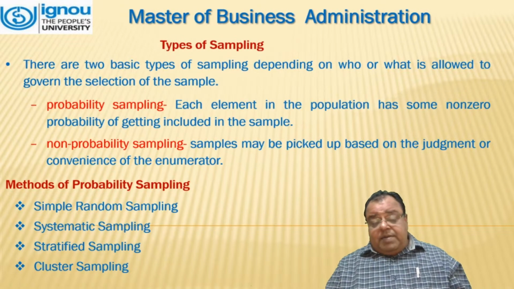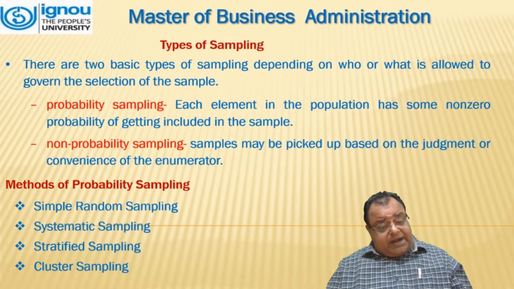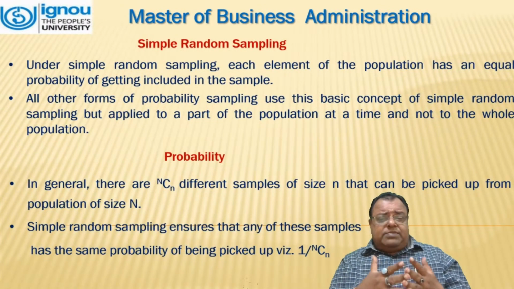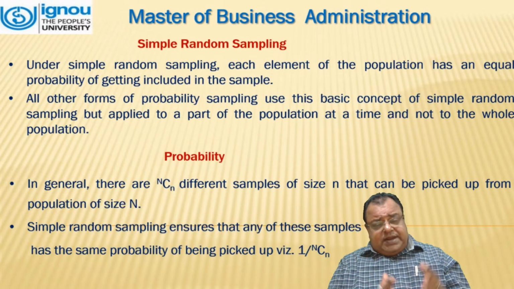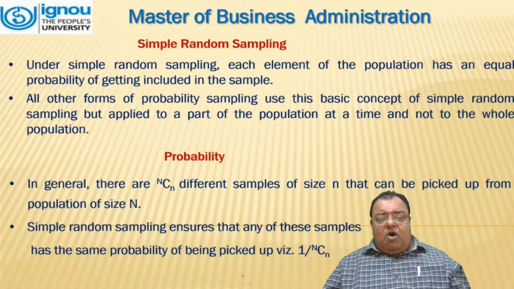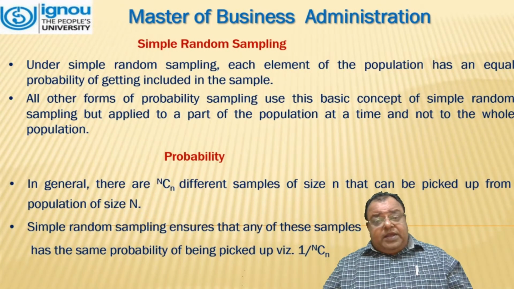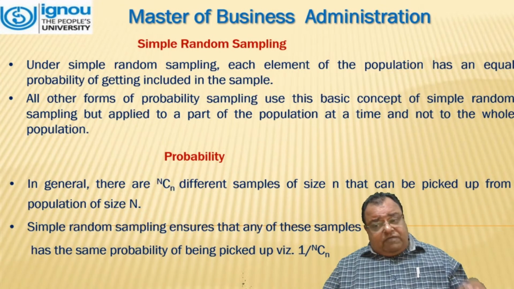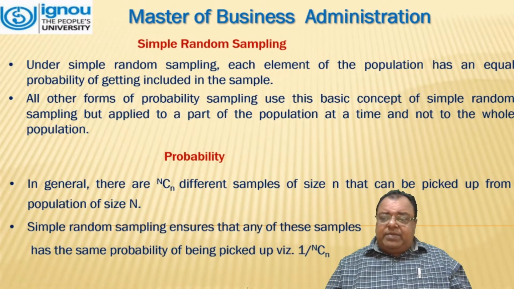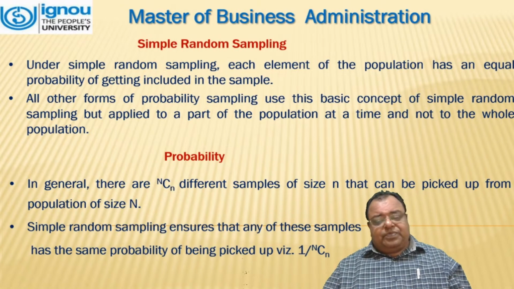What are the methods of probability sampling? First one is simple random sampling. Second one is systematic sampling. Third one is stratified sampling. The fourth one is cluster sampling. Under simple random sampling, each element of the population has an equal probability of getting included in the sample. All other forms of probability sampling use this basic concept of simple random sampling, but applied to a part of the population at a time and not to the whole of the population.